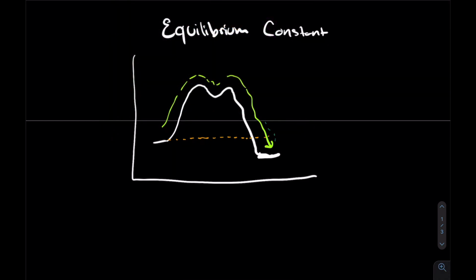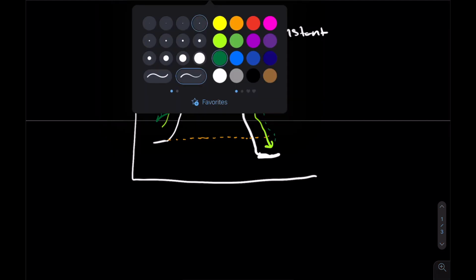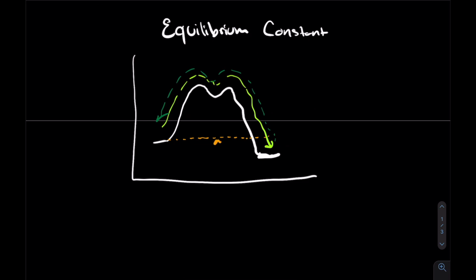There's still a possibility that that just goes back over that hump and goes back down here, right? So that is what equilibrium sort of describes: if you look at the relative differences in this energy, what we call delta G, that's the energy difference between starting material and product.